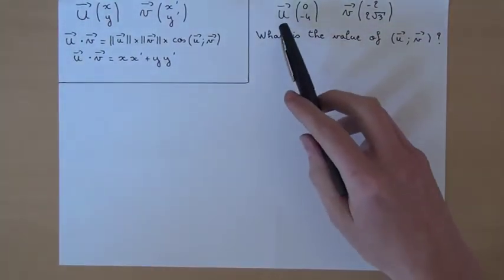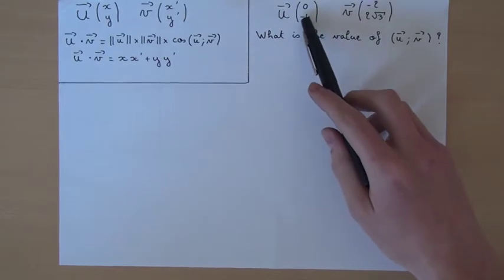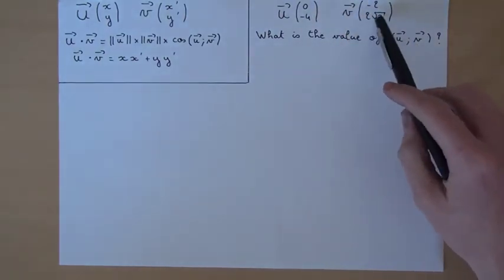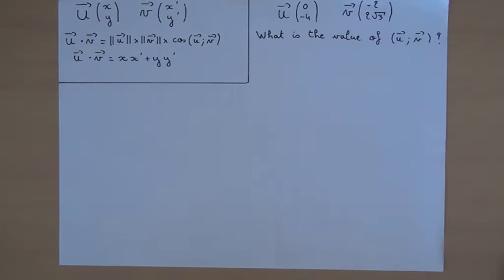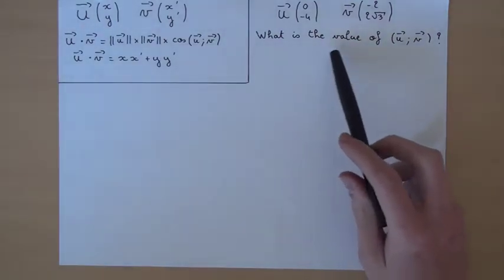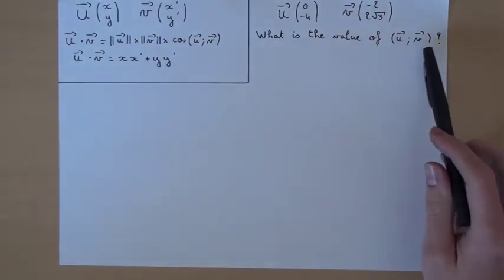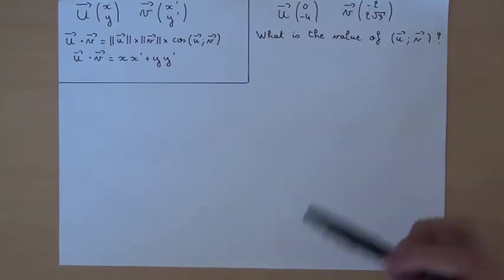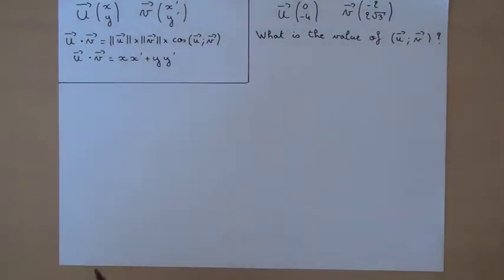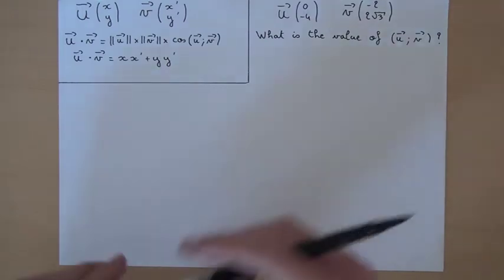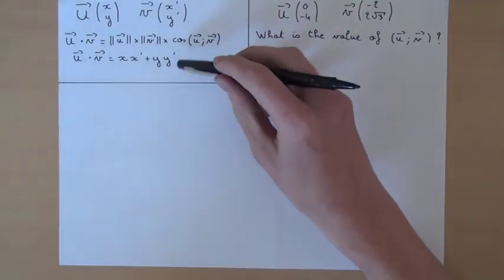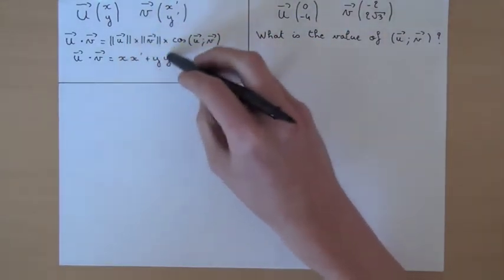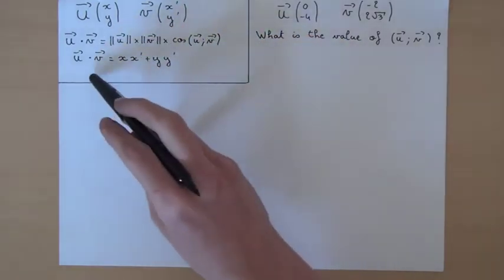So you have two vectors u (0, -4) and v (-2, 2√3). And what you want is to compute the value of the oriented angle uv. First of all, you know that this is equal to this because it's the same thing.